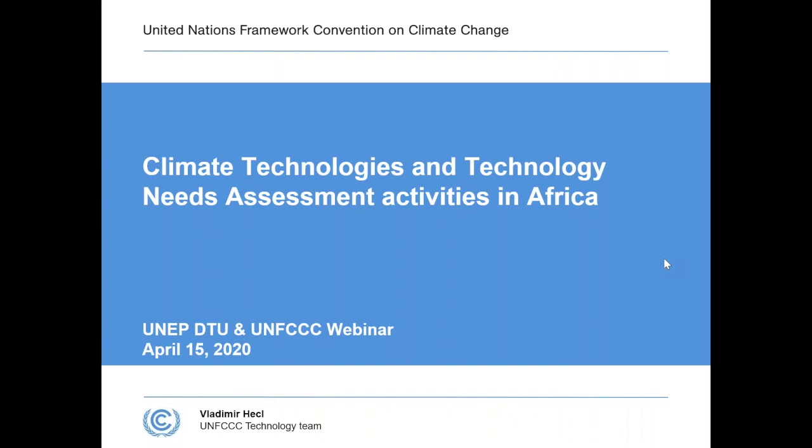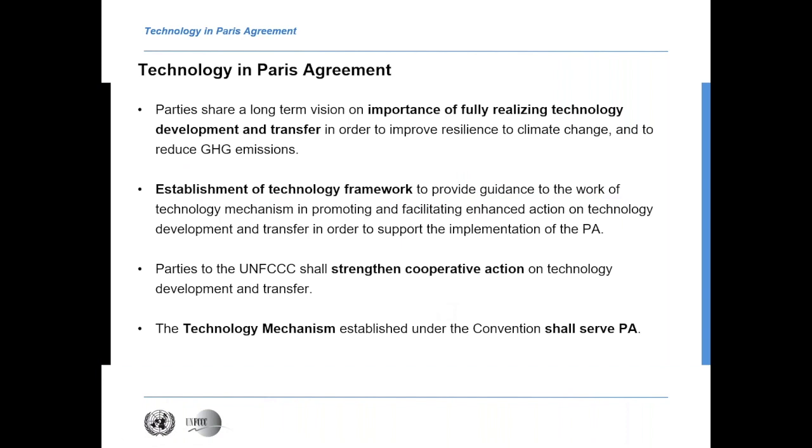I will start with the first slides on how we work with TNA and under which framework. You can see how technology was discussed in the Paris Agreement. Except for sharing a long-term vision, or on top of it, the establishment of enhanced technology frameworks was seen as quite important for countries.